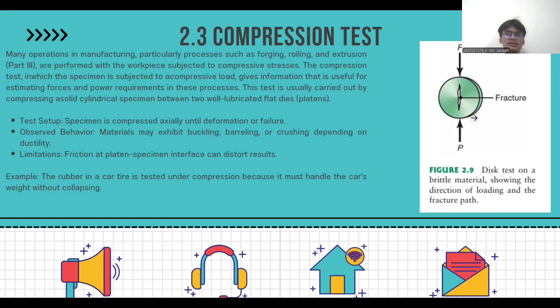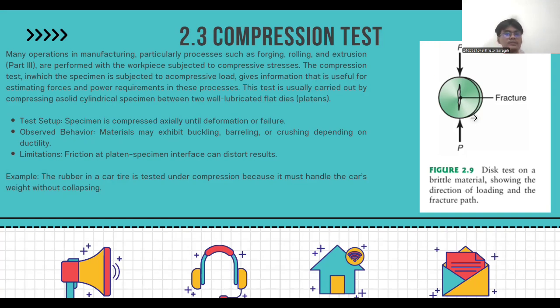This test is usually carried out by compressing a solid cylindrical specimen between two well-lubricated flat dies or plates. The setup is that the specimen is compressed axially until deformation or failure.